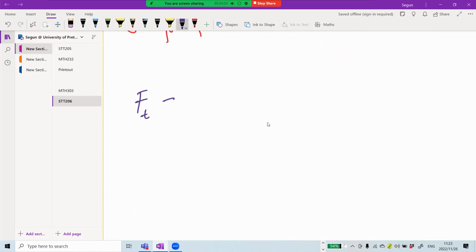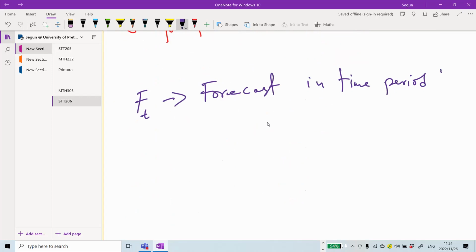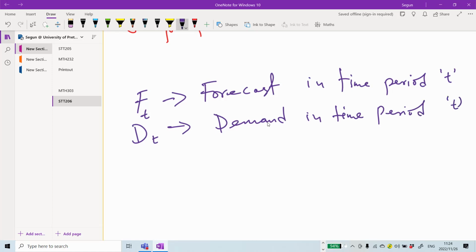F_T, which is forecast in time period T. Then this is the demand, D_T, demand in time period T. So in most cases, our F_T is the same thing as D_(T-1) plus D_(T-2) all over n.